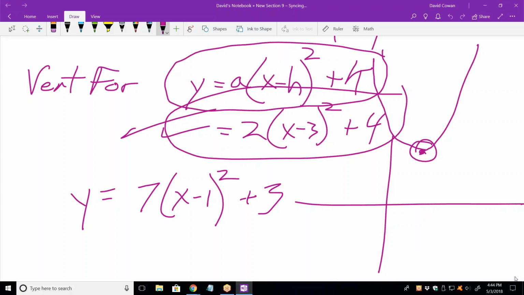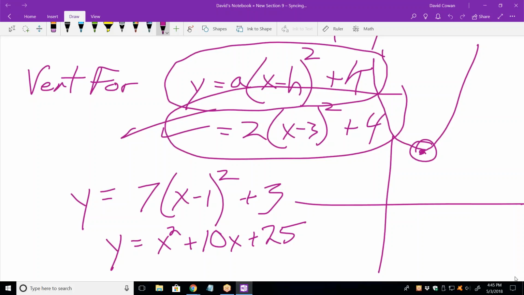Good. Where is the vertex? 1 and 3. Very good. How about this one? What format is that? X-intercept. Nope. Oh, standard? Standard.